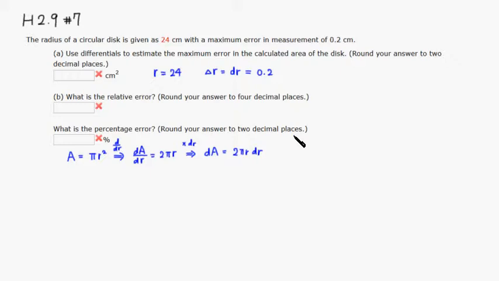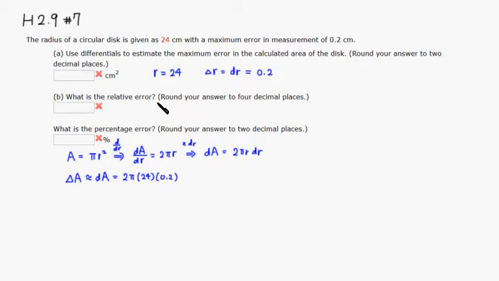So if you want to find the maximum error in the calculated area, we are looking for delta A, but we can approximate it by the differential dA, which we just found to be 2 pi r dr. r is 24, and dr is 0.2.